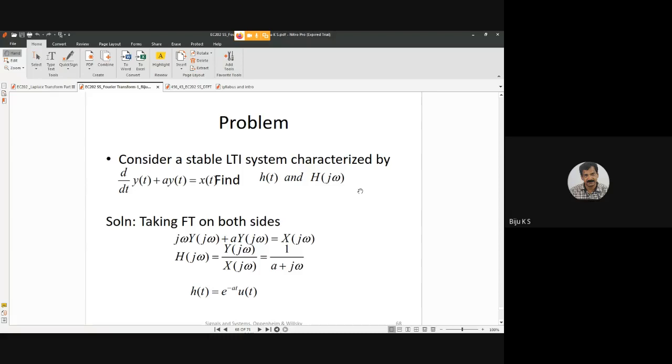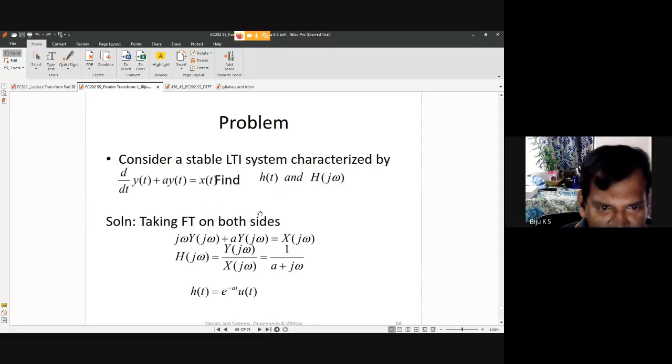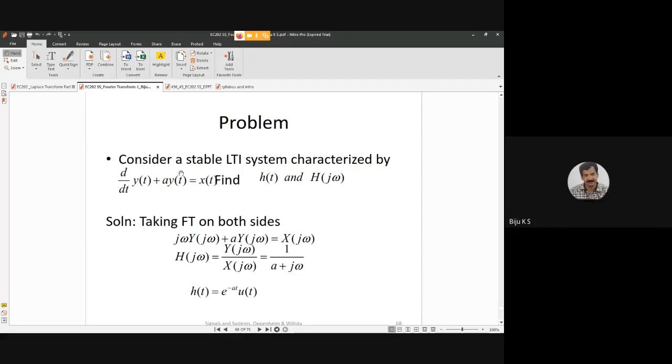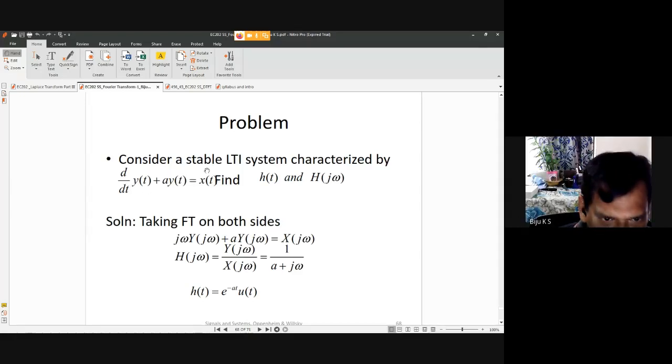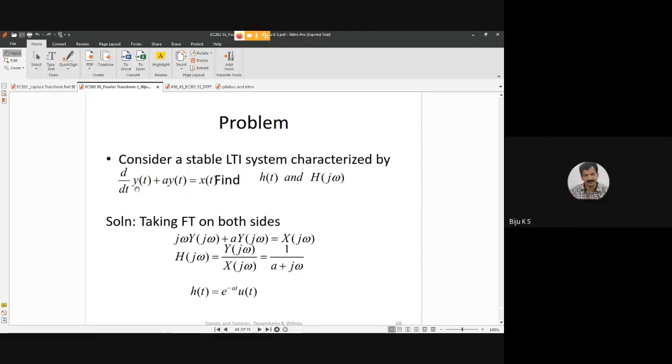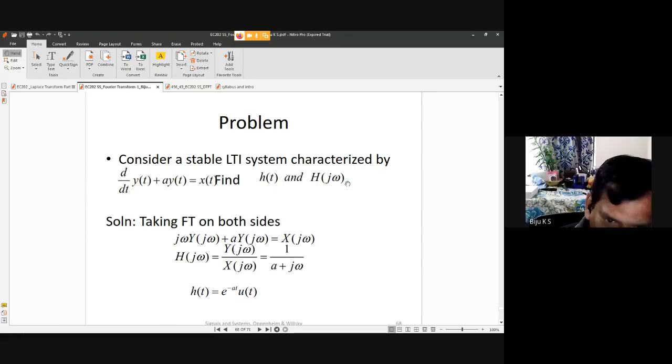Here they have not specified continuous or discrete time, but this is a differential equation. A continuous time system can be represented by a differential equation, so this is continuous time because of y of t. We have to calculate h(t) and H of j omega, which is the frequency response.